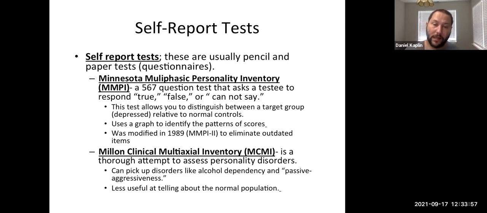The Millon Clinical Multiaxial Inventory does a much better job at measuring personality disorders than the MMPI. So things like passive aggressiveness, borderline personality disorder, and so forth. Paranoid personality disorder, the MCMI is going to do a much better job with.